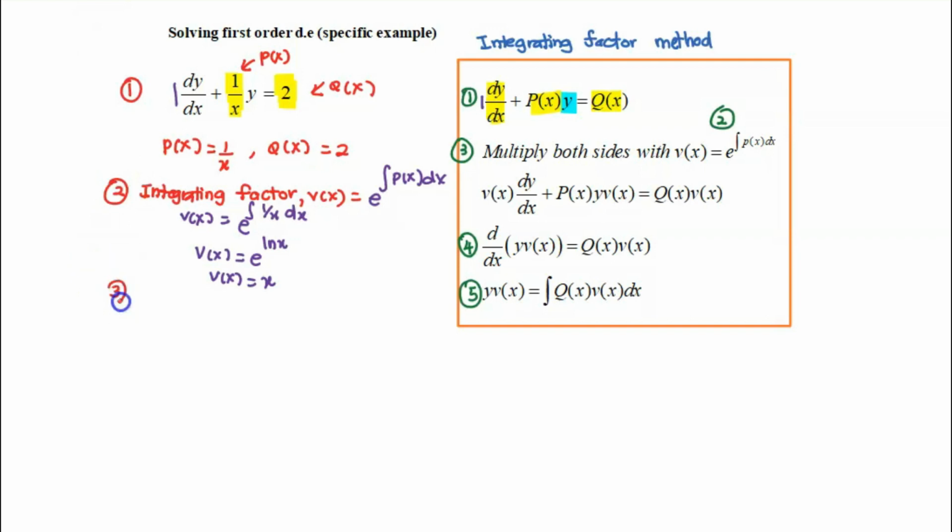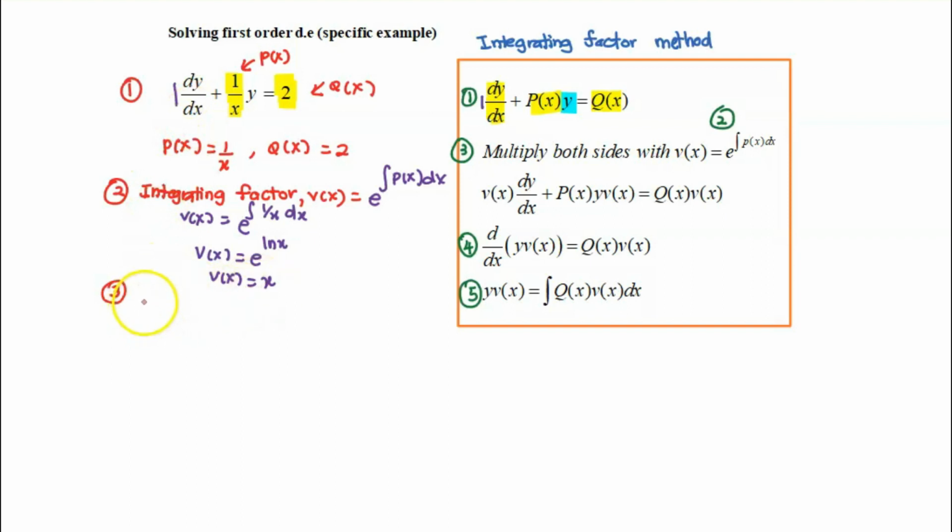Step number 3. In step number 3, we are going to multiply both sides of the differential equation with the V of x that we have found. Each and every term of the differential equation will be multiplied with V of x. So, since our differential equation in step 1, the derivative dy over dx will be multiplied with x.